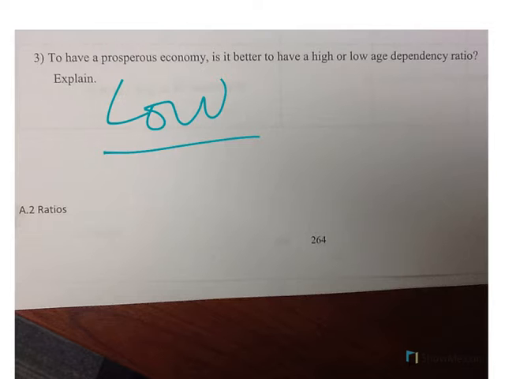Whereas you have a family that has no kids, right? They can go on trips, they can go buy more shoes, they can do other things with their money because they don't have those dependents. It's the same concept. The less people dependent on you, the more money that is just free in the economy, and then you know, we have a better economy going. Okay, so that's a basic age dependency ratio dealio.